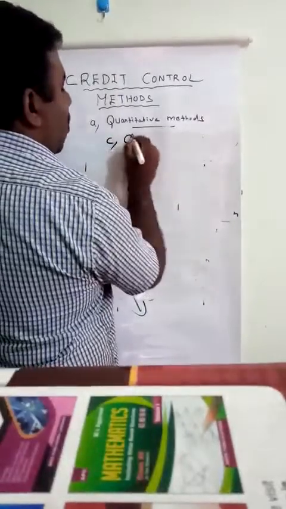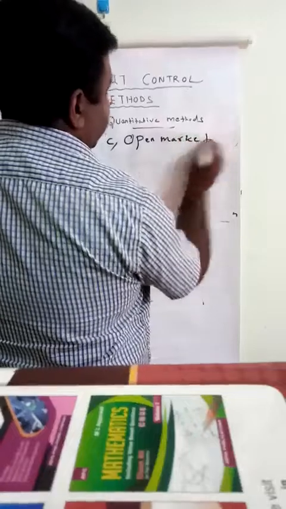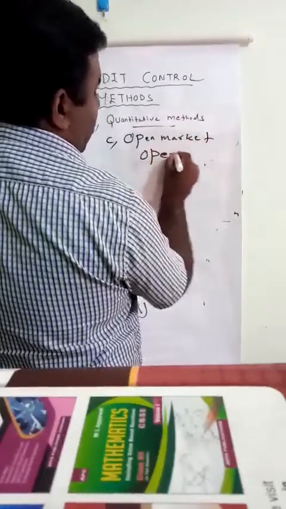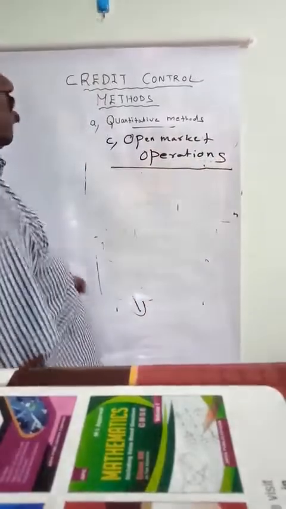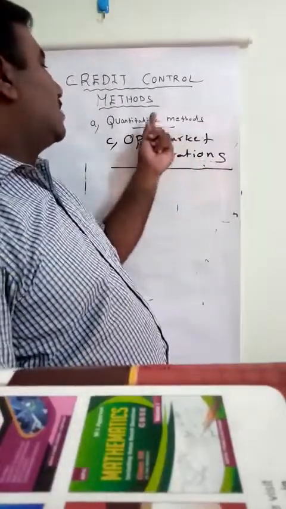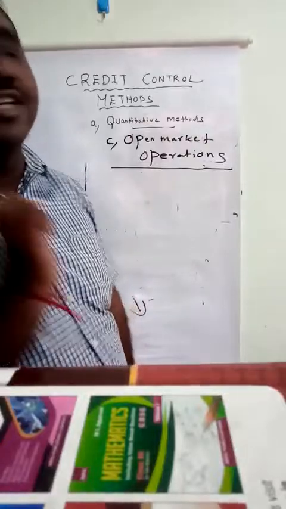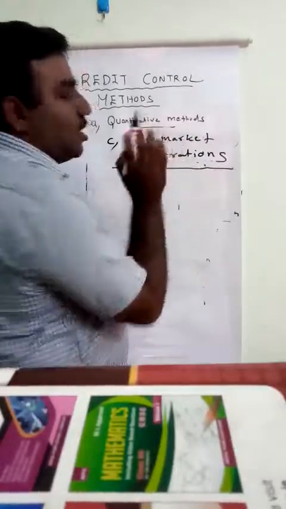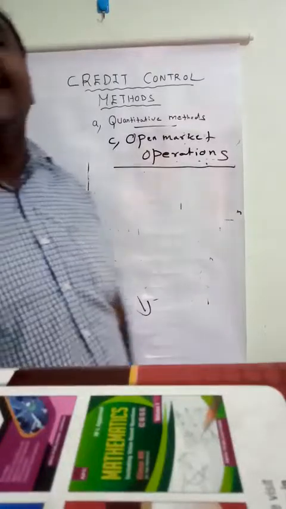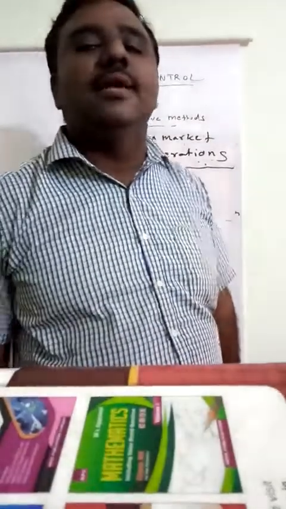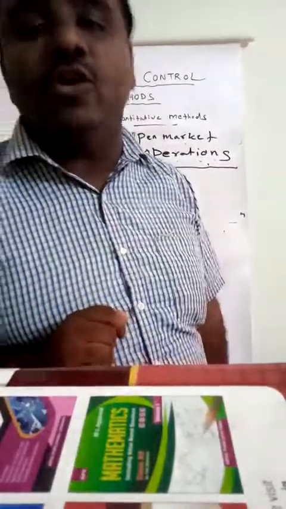Open market operation also comes under the quantitative method of credit control. So first of all, what is the definition of open market operation? Open market operation means selling and buying of securities by the central bank from the government or public.